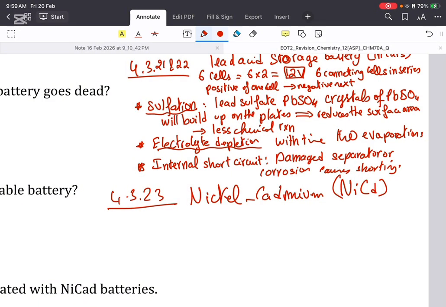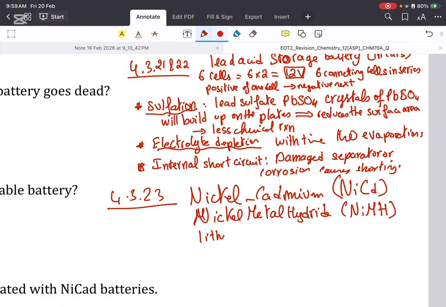You can recharge it. Or the nickel metal hydride, which is symbol NiMH, and lithium.